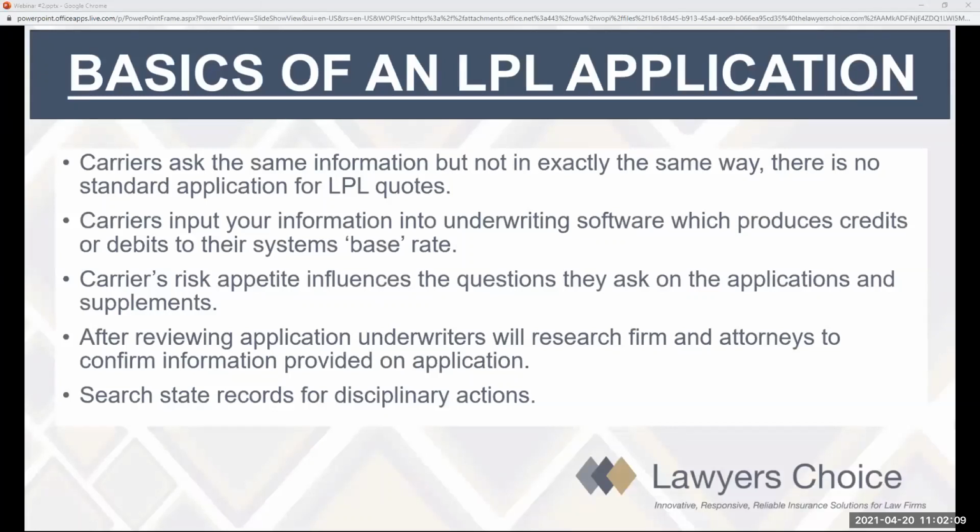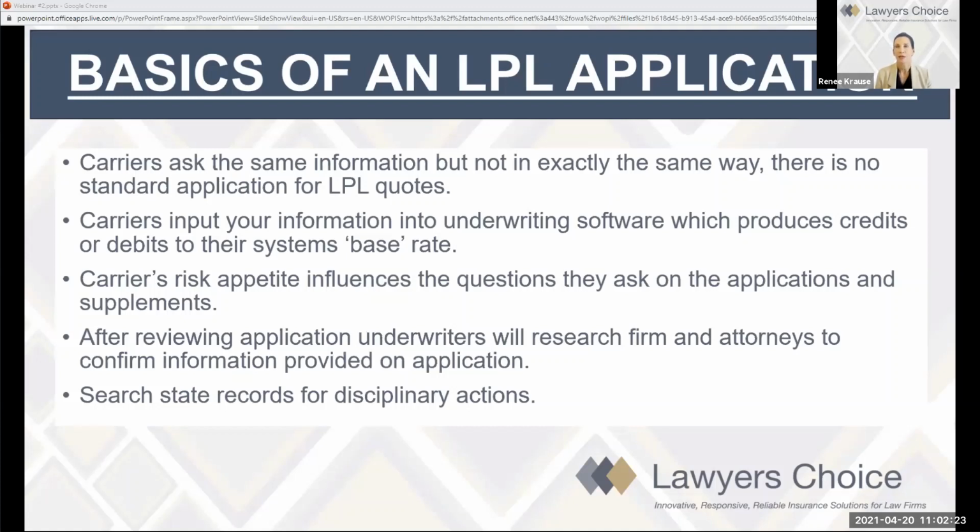Okay, the basics of an LPL application. As I'm sure most of you know from dealing with these over time, the applications are similar, but they're never exactly the same. So what we've done today is break up into sections the components that every one of these applications has.